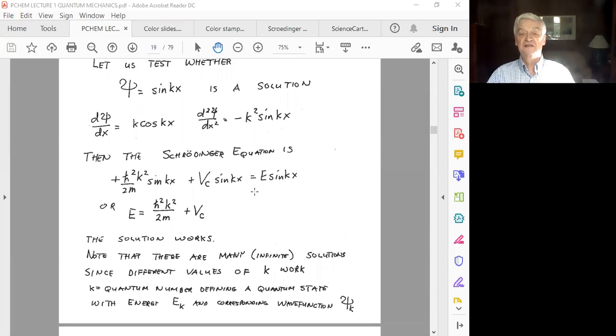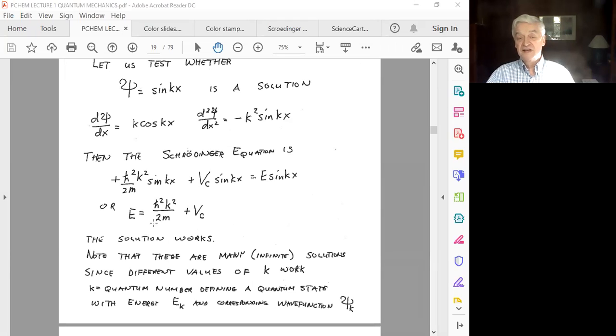The sine kx's cancel out, and we get a solution that is not dependent on the coordinate. I already mentioned this, but drum this into your head if you're doing a problem: if you solve for an energy level and you get an x dependence, you messed up, you made a mistake. There cannot be any coordinate dependence in the energy solution.